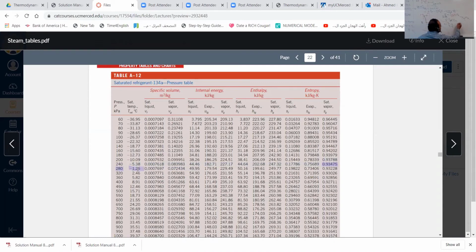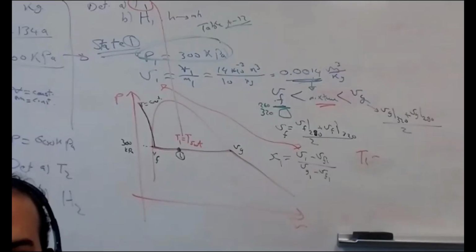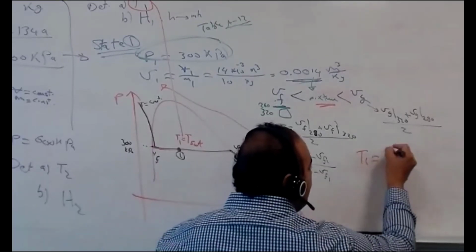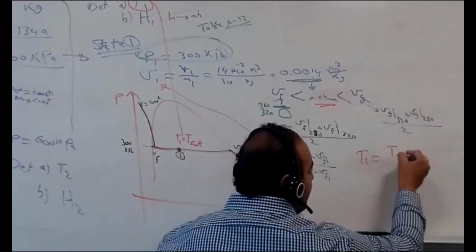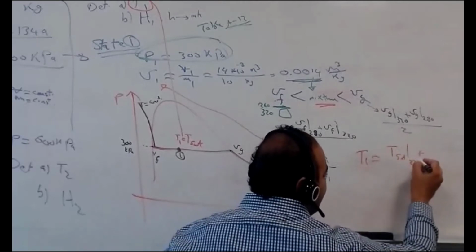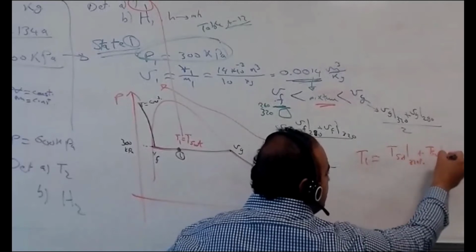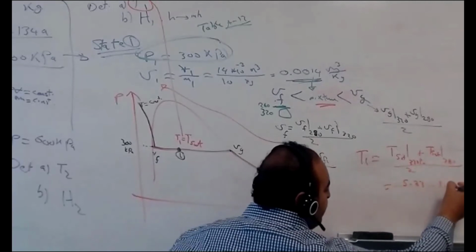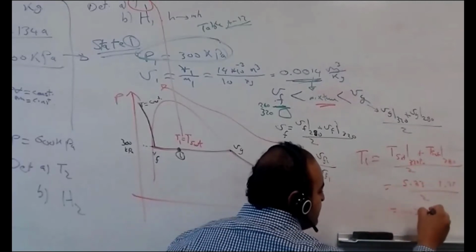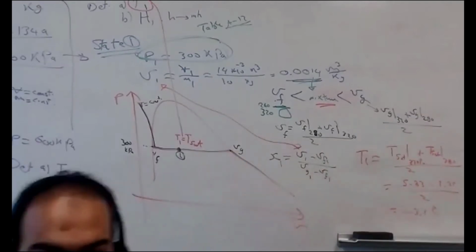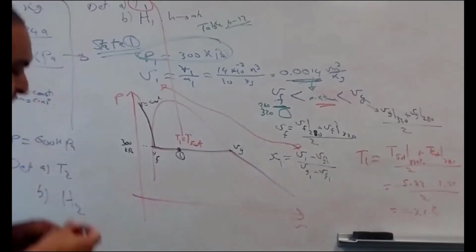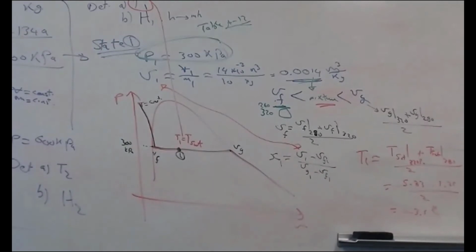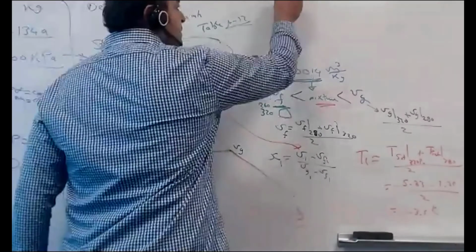So T1 is simply T saturation at 320 and 280 divided by 2. So it's minus 5.83 minus 1.25 divided by 2. It gets like 3.5 or something Celsius. Make sense? Yes, it makes sense.